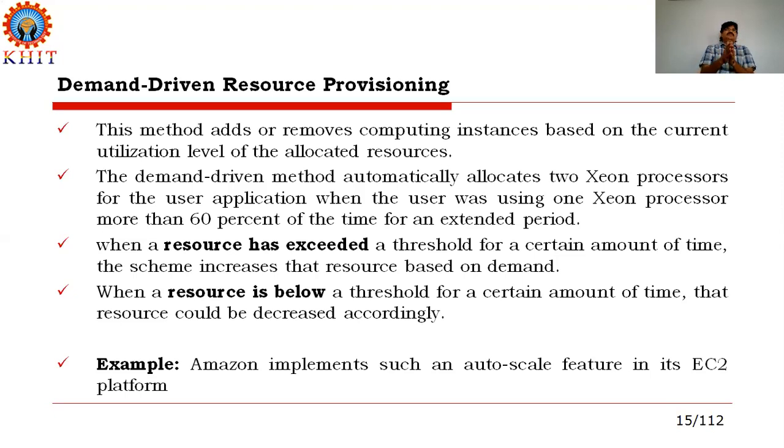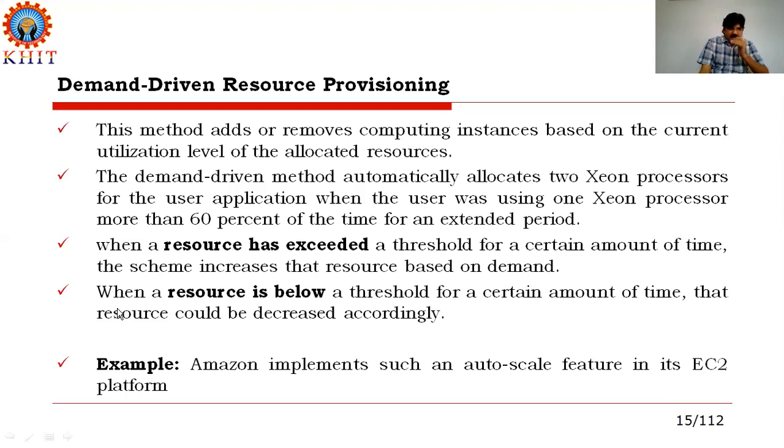When it exceeds 60 percent of capacity, it automatically sends a request to the provider, and the cloud service provider automatically adds one more processor by scaling up. This is called the demand-driven provisioning method.